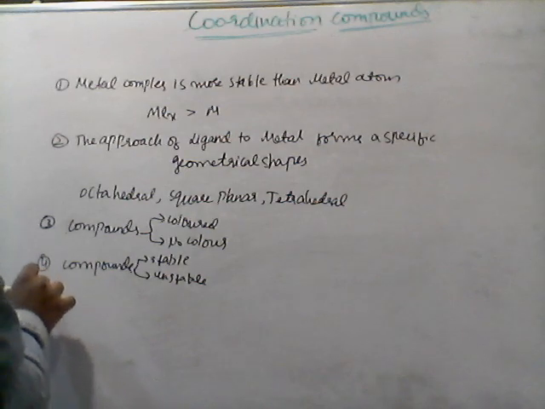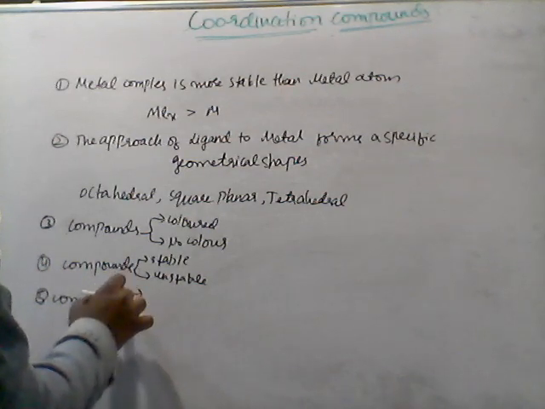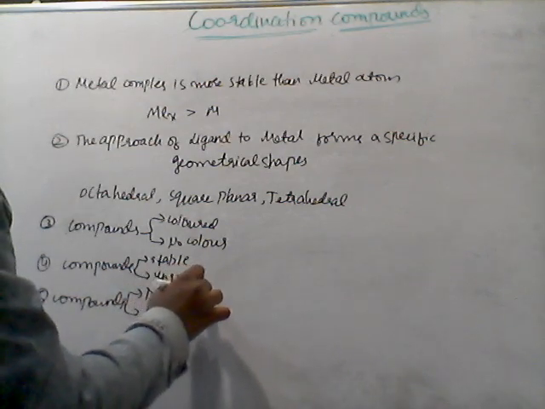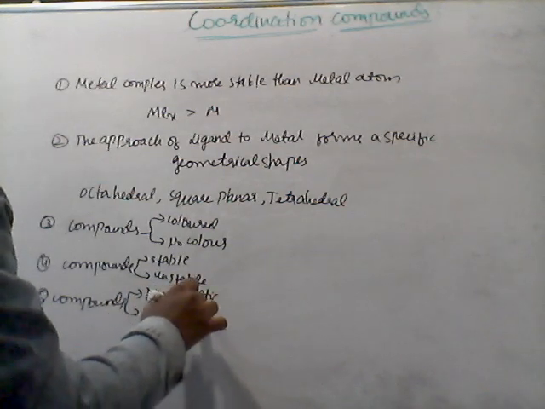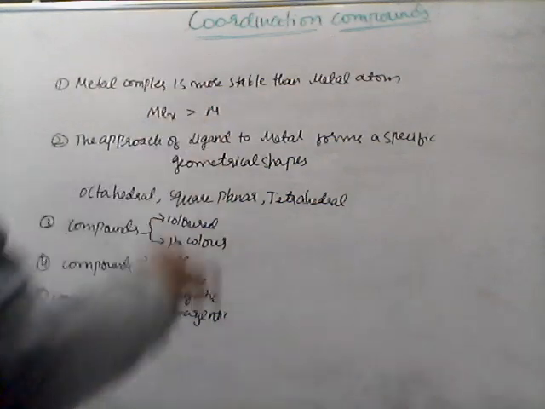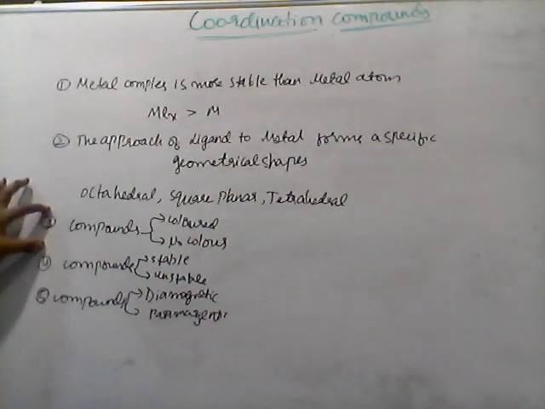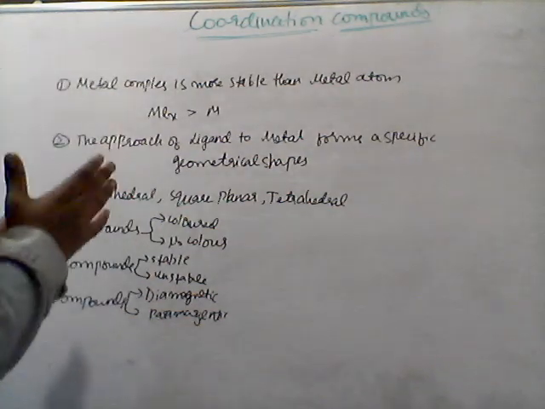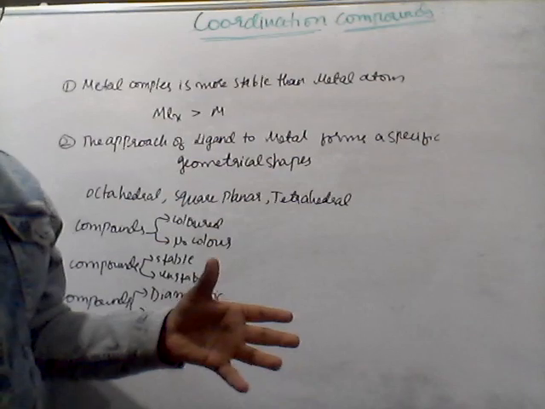We'll also see complexes which are diamagnetic and paramagnetic. These are the characteristics which we will see later when we go into the chapter. We will come across the colors, the stability, and the magnetic properties of the compounds.